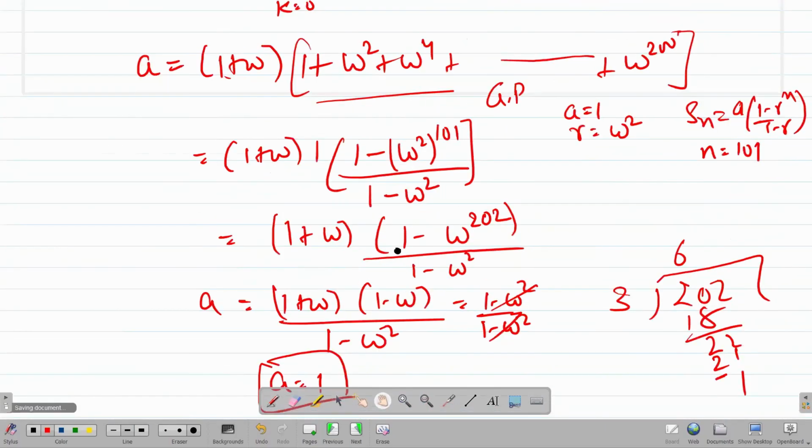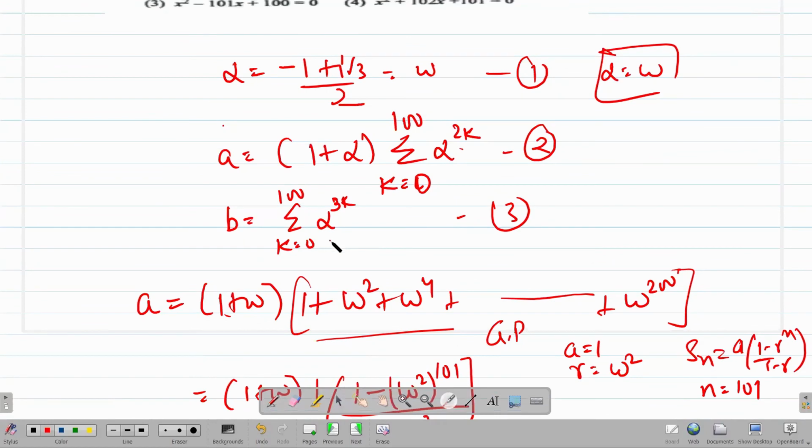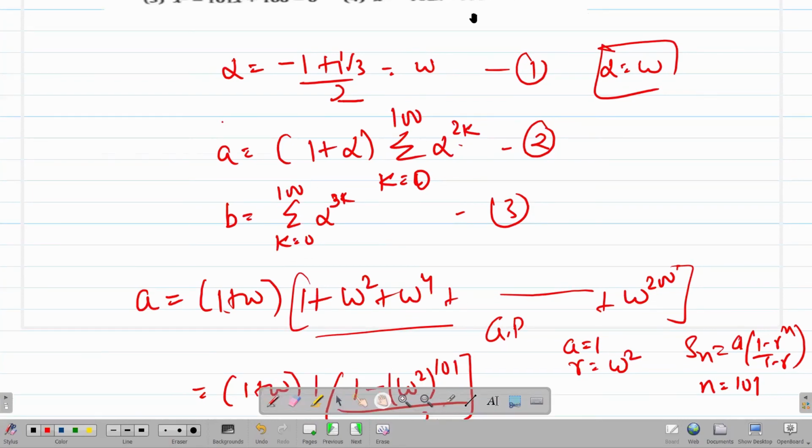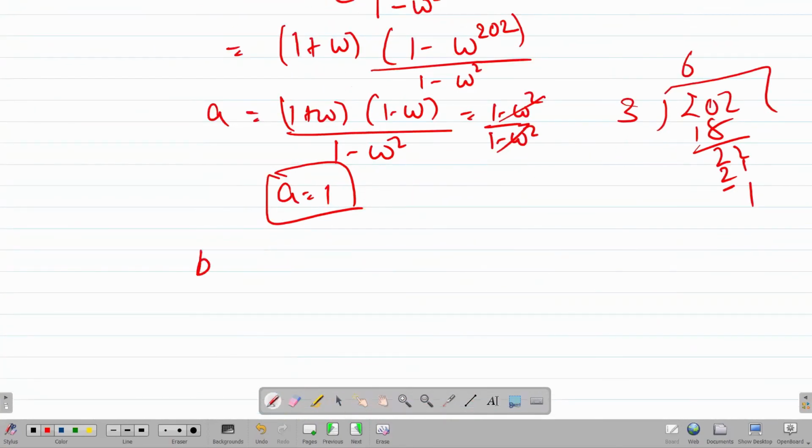Now B, if I open this sigma, I get B. So alpha is omega, and we just vary K from 0 to 100. Since B is sigma, K from 0 to 100, alpha to the power 3K, by putting K0, I get 1. By putting K1, I get omega cube.